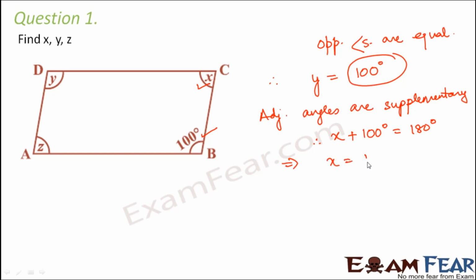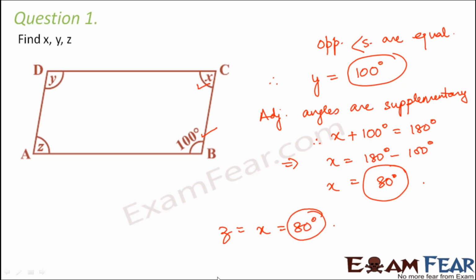Therefore X will be equal to 180 minus 100, which is 80 degrees. So this is how we found out the value of X. Now what about Z? Again, Z and X are opposite angles. Therefore Z will also be equal to X, which is 80 degrees. Therefore the values of X, Y, Z would be 80, 100 and 80 respectively.